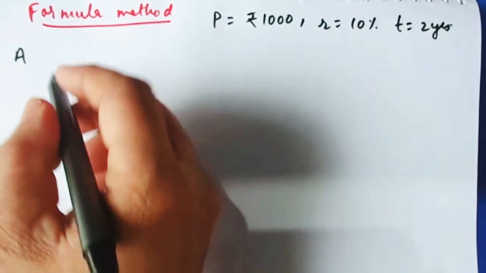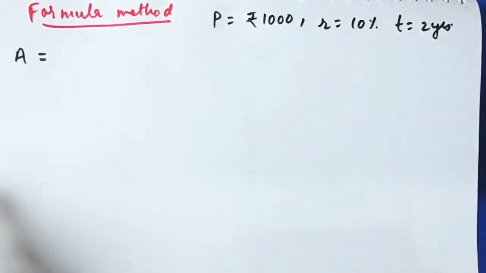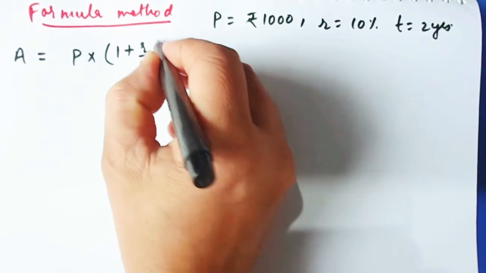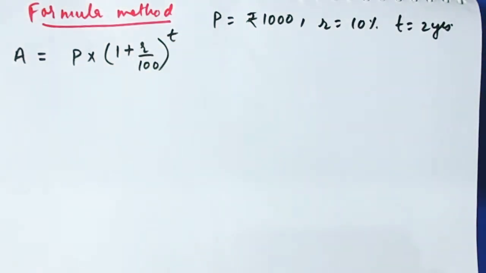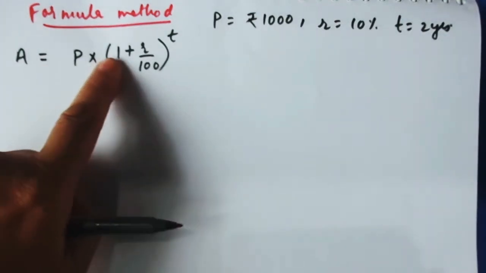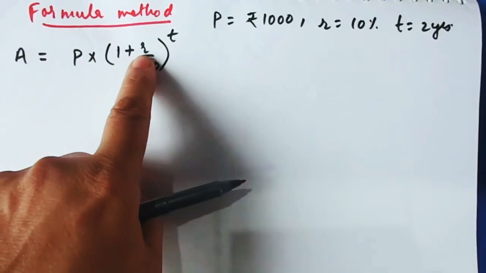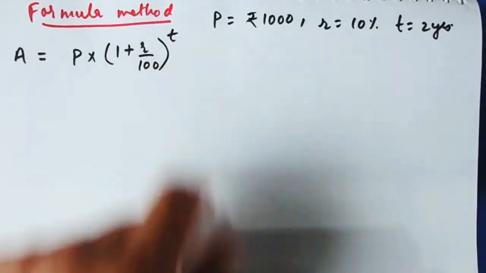So for that, the formula for amount is principal multiplied by the bracket of 1 plus r by 100 to the power t. Once again have a look at this formula. Principal multiplied by 1 plus r by 100, not 1 plus the whole, no, not this, the by should be only with r, to the power t.